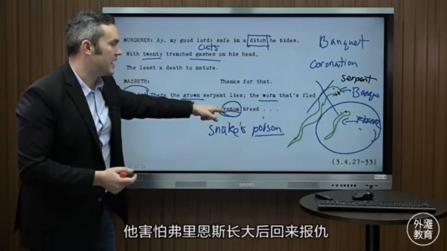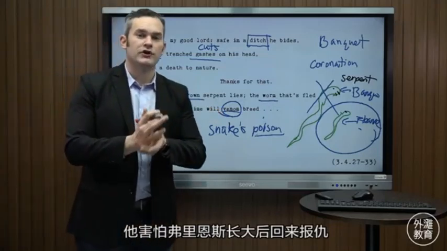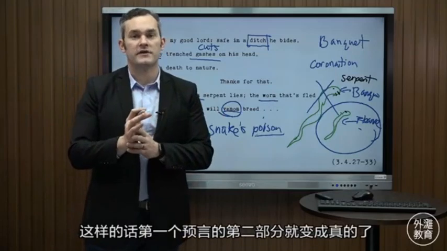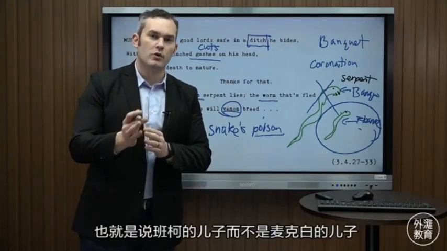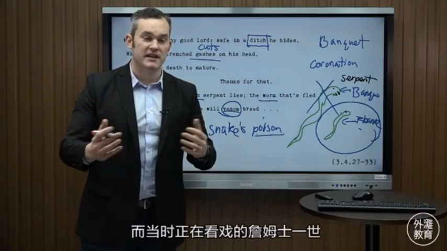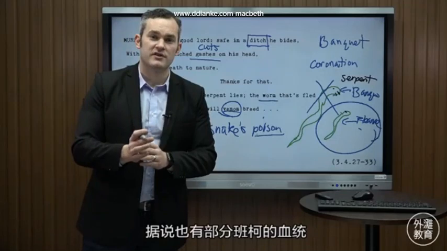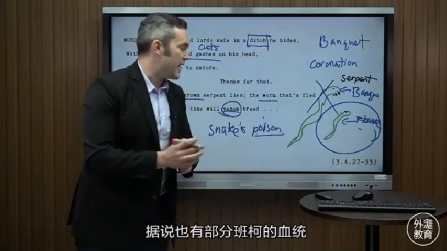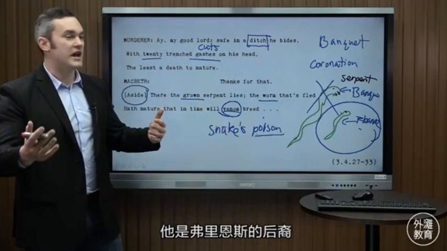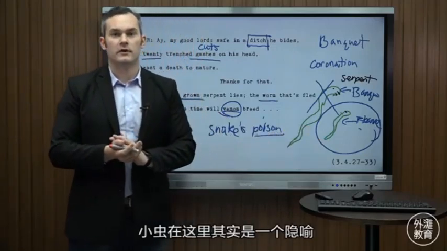Here he's afraid of Fleance growing up, seeking revenge, and ultimately fulfilling the second part of the first prophecy, which is that Banquo's sons, not Macbeth's, will get to form a line of kings. And indeed, James I, who's watching the play, traditionally was understood to be part of that line of kings, a great-great-great-great-great-grandson of Fleance, the worm described here in the metaphor.